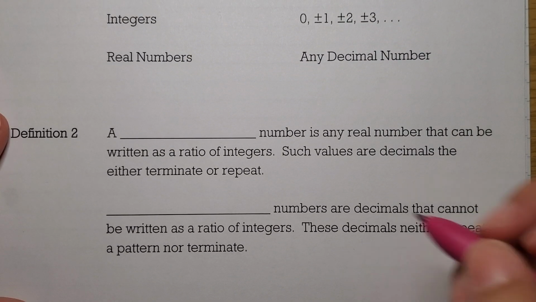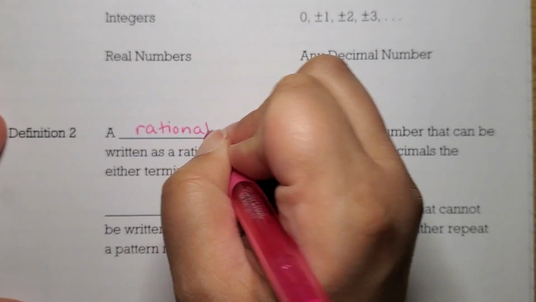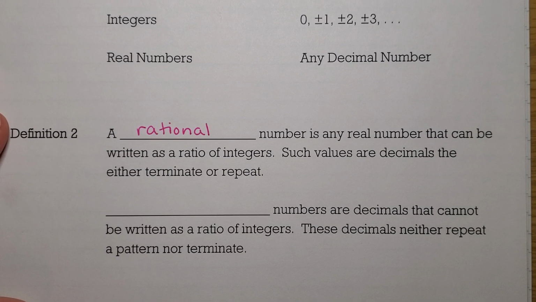So, a rational number is any real number, any decimal number, that can be written as a ratio of integers. Basically, any number that you can write as a fraction.